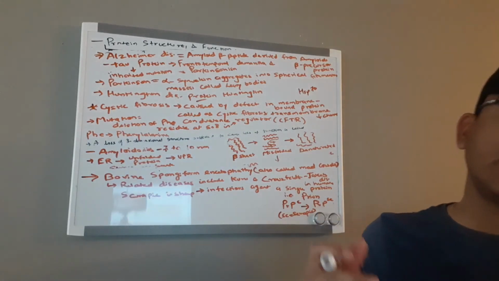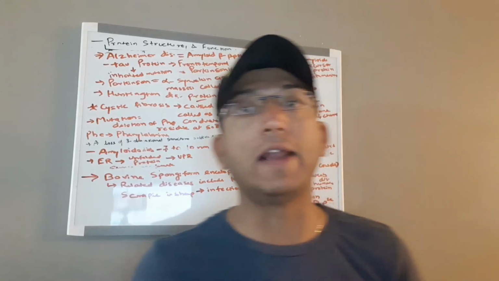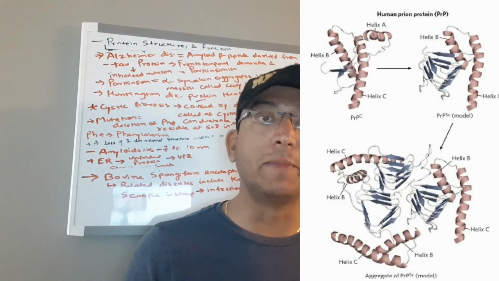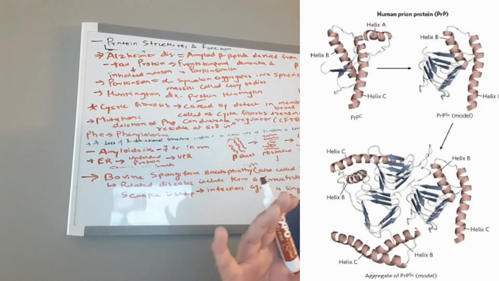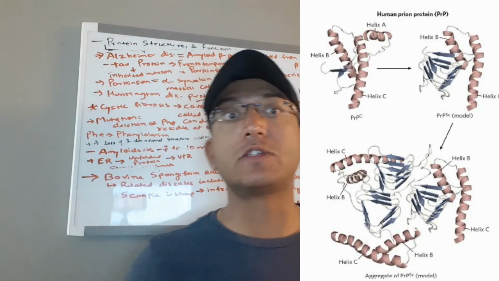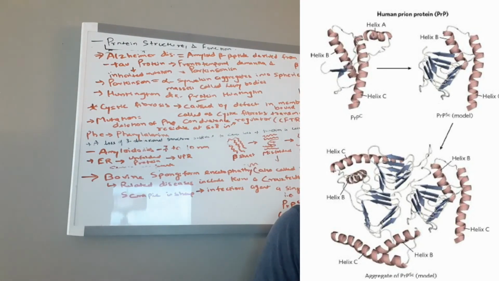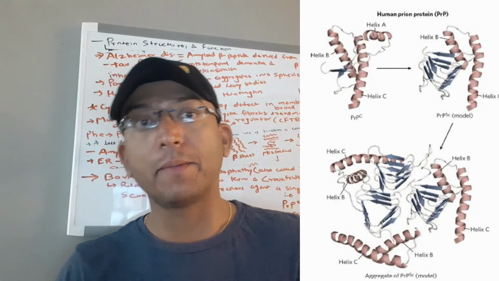The structure of the cellular prion PrPC has two alpha helices. On your screen you can see the image of this. But the scrapie PrPSc is very different, with much of the structure converted into amyloid beta sheets.